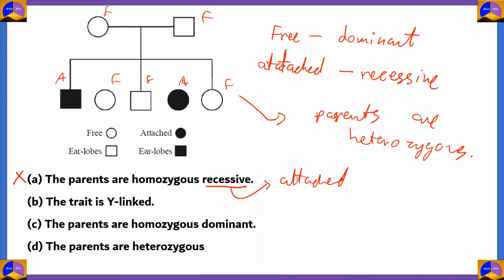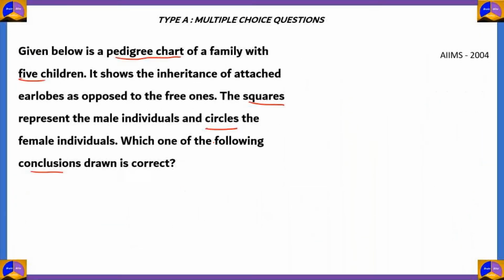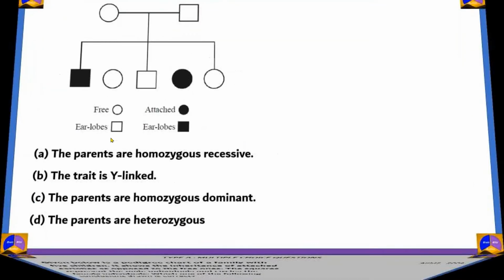Option B, the trait is Y-linked. Now, if the trait is Y-linked, only sons get the disease. And so according to the question, the squares are the males and the circles the females.